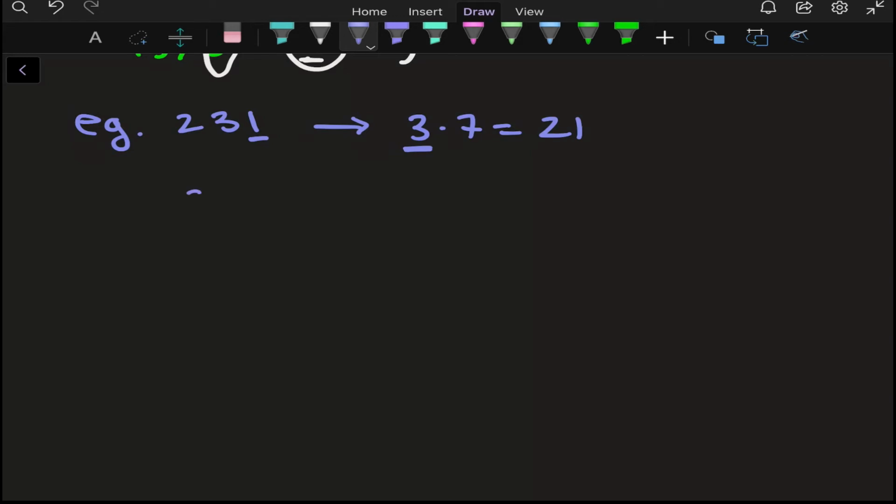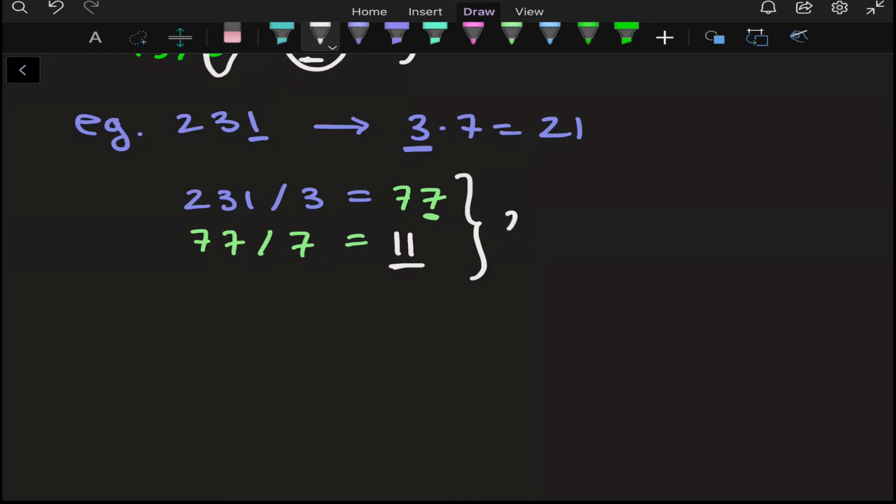So I'm going to go 231 divided by 3 gives me 77. And I know, just like above, here's a 7, so I can divide by 7. So I can go 77 divided by 7 equals 11. And again, 11 is our prime number. So if I write 231 as a product of primes, it will be 3 times 7 times 11.